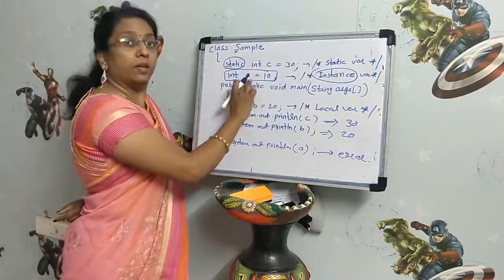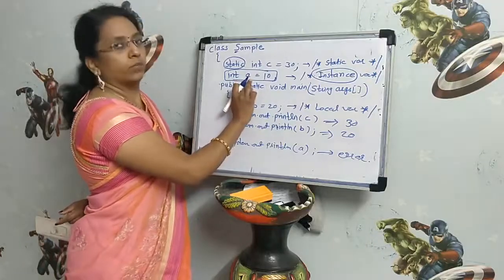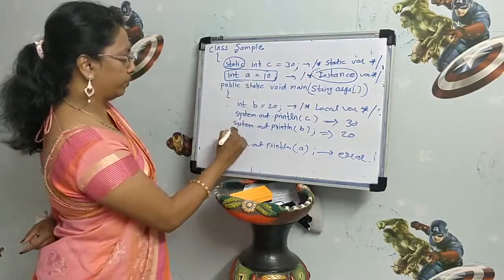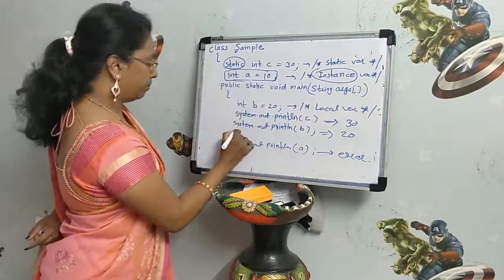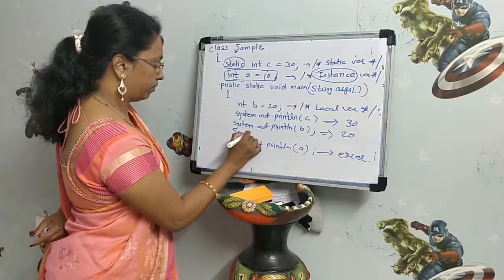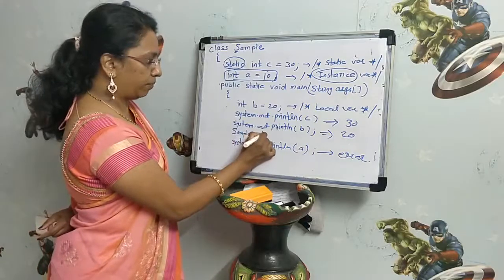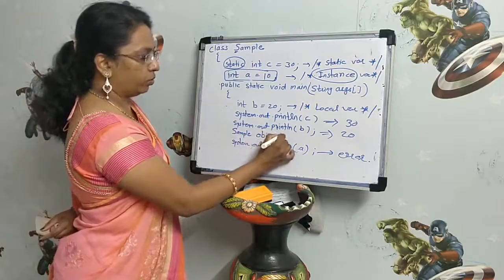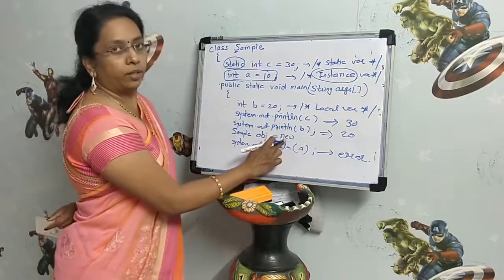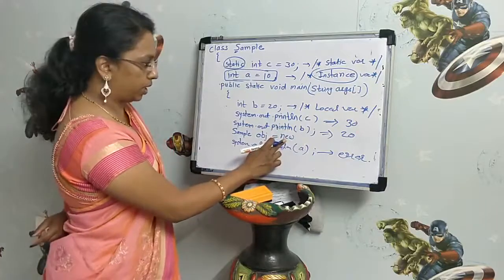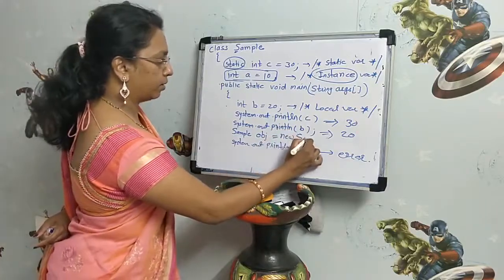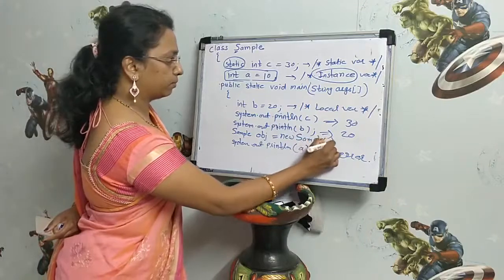So first we need to create the object. How do we create the object? See, class name Sample, then object name equal to new operator. The new operator is used to create new objects, and then the constructor, semicolon.